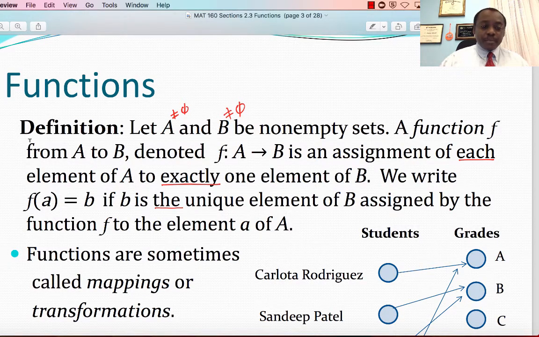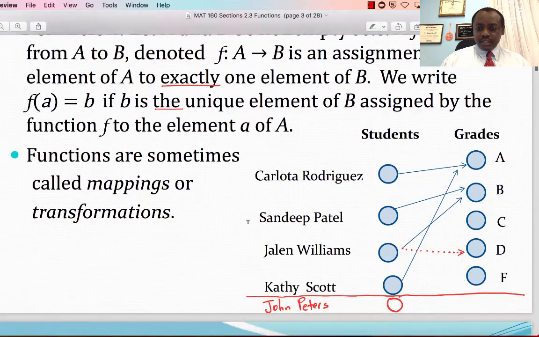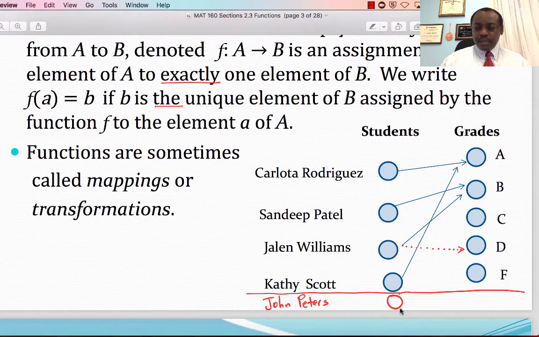If that happens, we write f of a equals b. That means f maps A to B, and b is the unique element of B that is assigned to the element a of A. So let's look at this little example. Ignore what I have here added in red, students and grades.